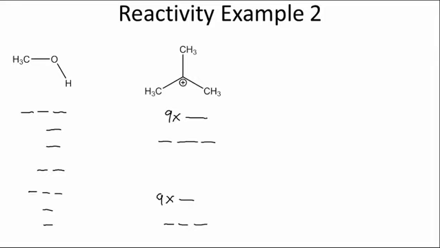All right, I drew in my orbitals up here. Help me fill in the labels. So let's start from the bottom on the one on the left. Sigma CO, sigma OH, sigma CH, oxygen lone pairs.